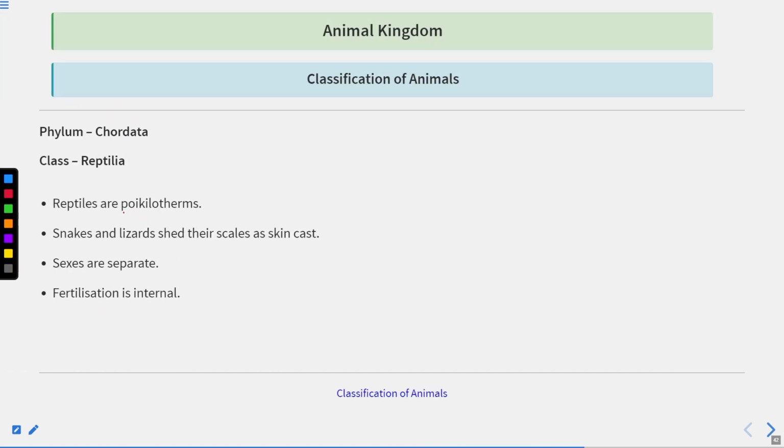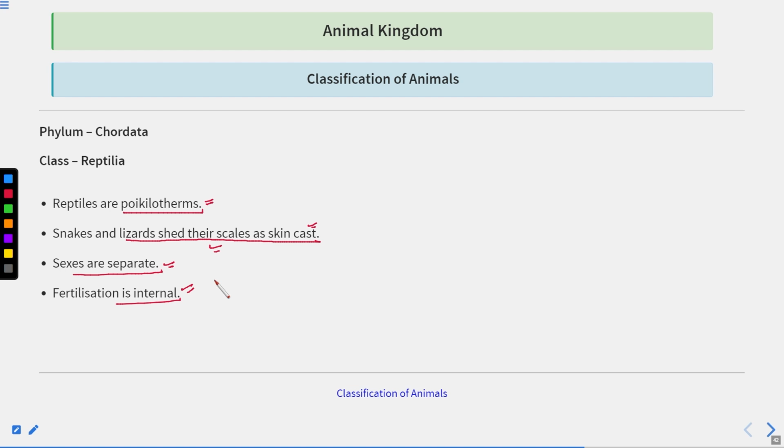Reptiles are poikilotherms. Snakes and lizards shed their scales as the skin cast, and sexes are separate. Fertilization is internal. Okay, so snakes and lizards shed their scales and they shed their skin also.